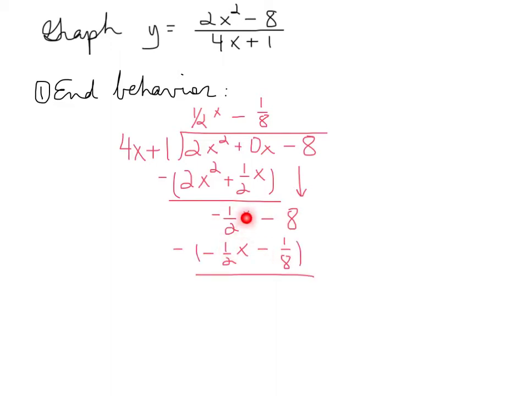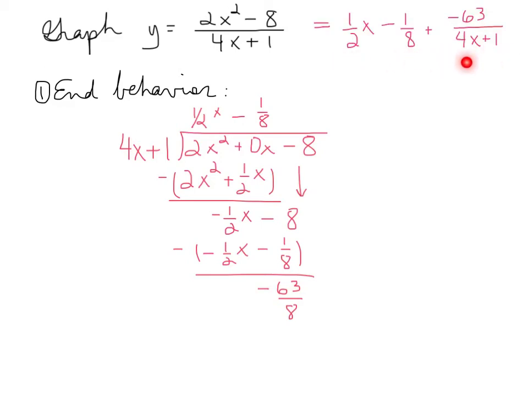We get negative 1/2 x minus a negative 1/2 x is 0, and negative 8 minus a negative 1/8. So we have our remainder of negative 63 over 8. So to rewrite this, we have 1/2 x minus 1/8 plus this remainder over 4x plus 1.